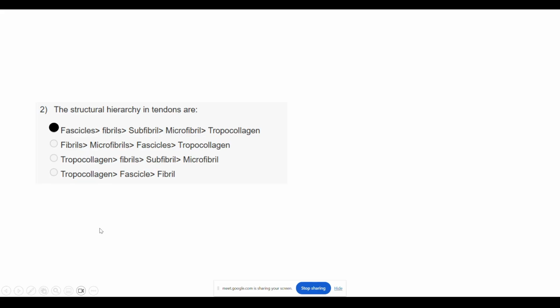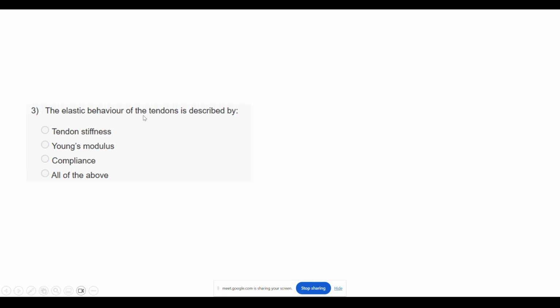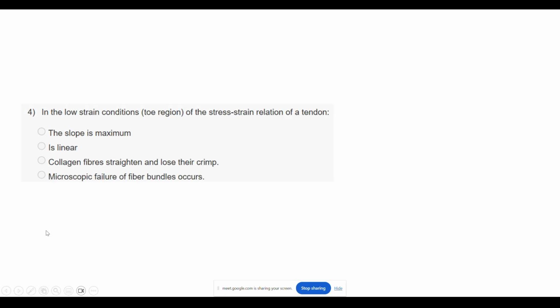Fascicles, fibril, subfibril, microfibril, and tropocollagen is the answer. Elastic behavior of tendons is described by tendon stiffness, Young's modulus, compliance, all of the above. All of these terms describe the elastic behavior of tendons.